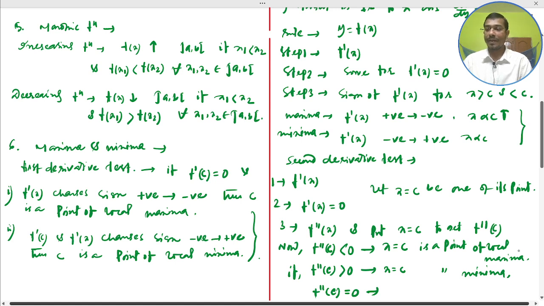Okay, stable equilibrium, non-stable or unstable equilibrium, and this is the normal equation. I just define that you use the first derivative test.